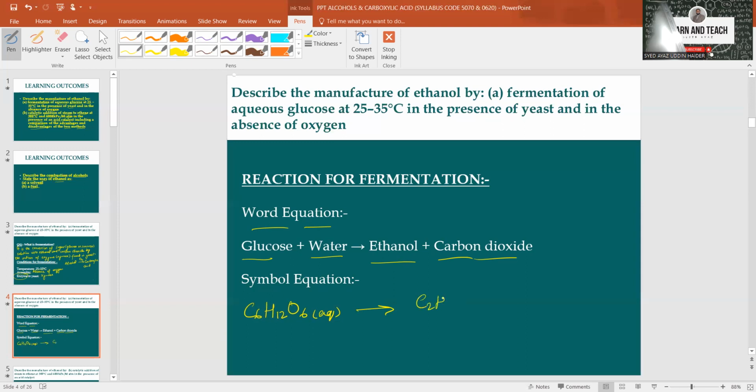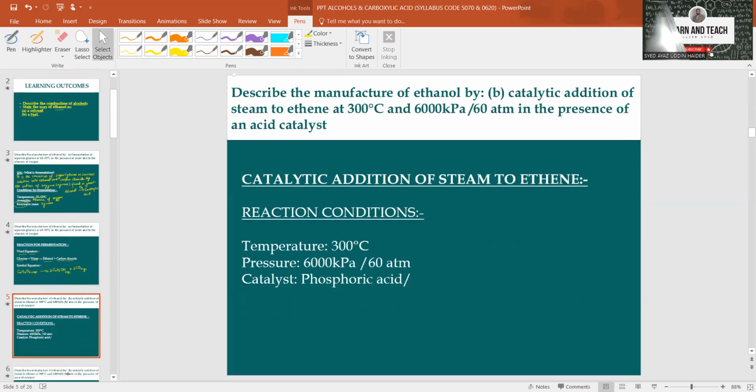Ethanol is C2H5OH plus CO2. It's a gas. And this one is aqueous. So let's balance the equation. We have 2 moles of ethanol and 2 moles of carbon dioxide. So all the atoms are balanced here.